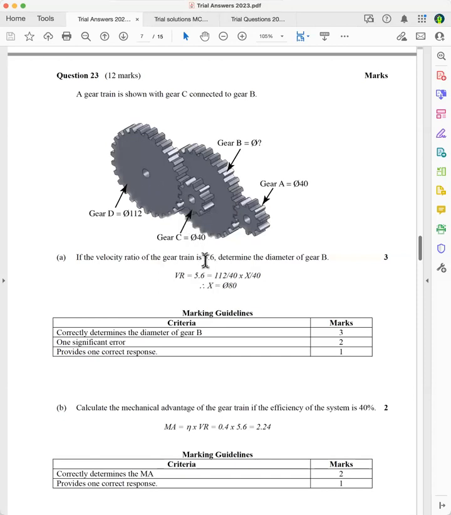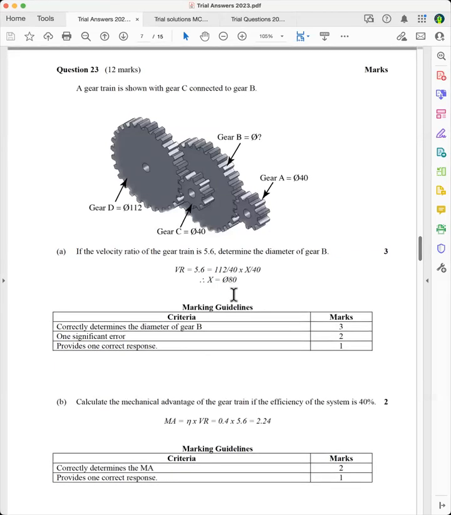So we've got 112 divided by 40. Then you multiply the next gear train. And so this is X, the teeth or diameter, divided by 40 there. And so you just work that out and you get the gear diameter is 80.